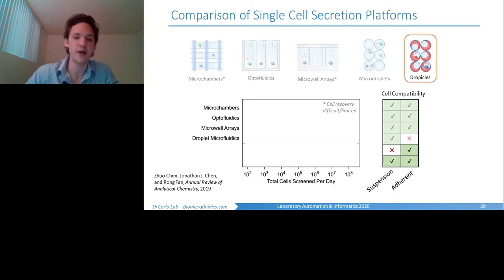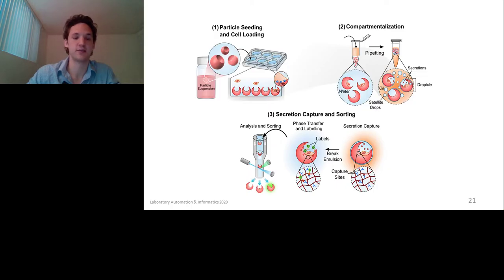And already we've been exploring other approaches to make this system more compatible with a larger variety of cell types, whether it be B cells or T cells or other non-adherent cell types. We've had some success so far, but I'm not going to go into too much detail. We really see that this is a platform that can grow and can even outperform all the existing state-of-the-art technologies. So just to summarize what I discussed today.